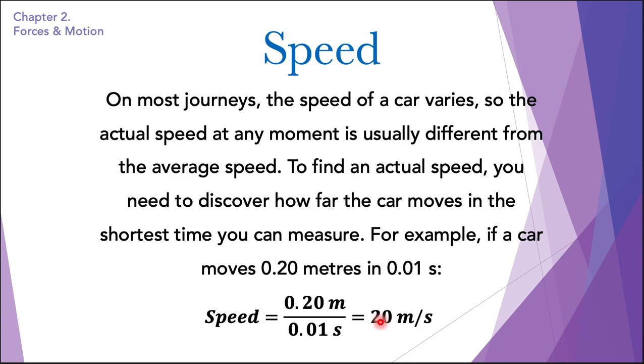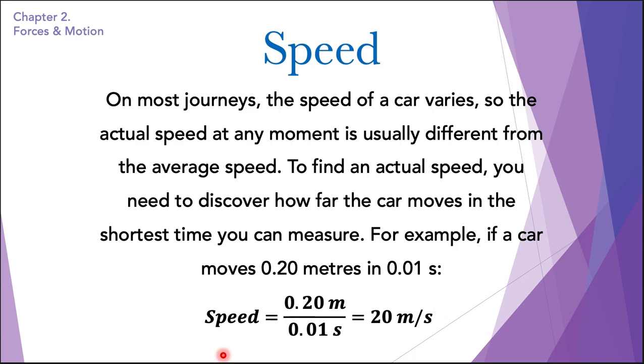So the speed varies. That's why whenever we are measuring speed like this using this equation, we always call it an average speed. The best method to find an actual speed is by using graphs, distance time graphs and speed time graphs. So we're going to read about graphs in another segment of this chapter. But for now, let's stick with speed.